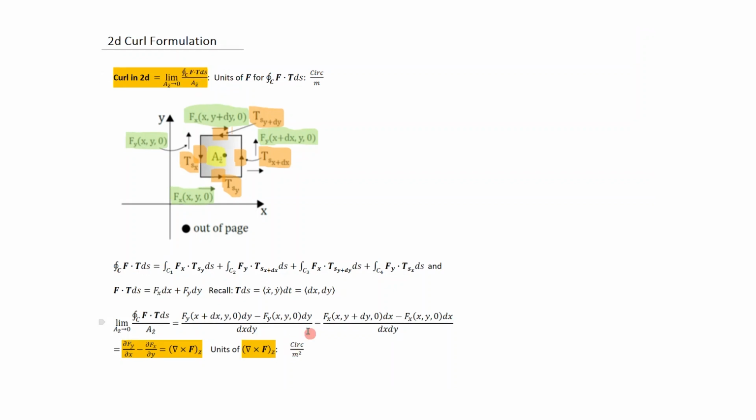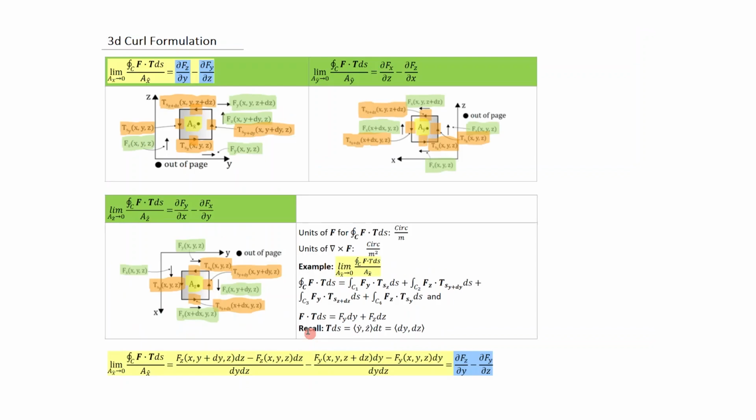All right, so how do we go from this notion of curl in 2D to curl in 3D? There's only one thing to consider, and that is in 3D, we're no longer talking about a single plane, but three principal planes. So we have one plane which is the zy plane, one plane which is the zx plane, and one plane which is the yx plane.